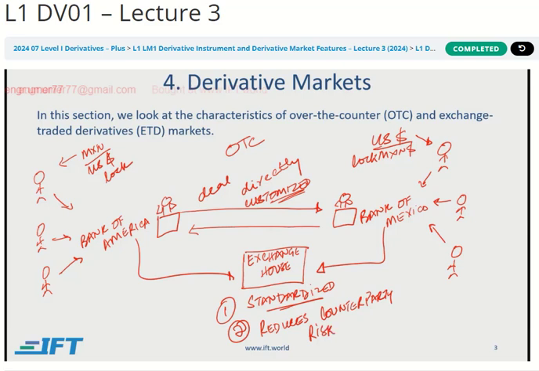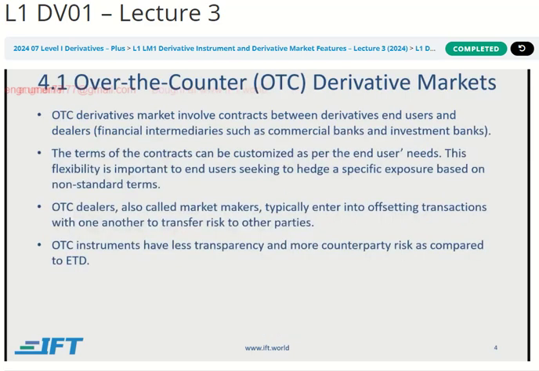Here the counterparty risk is high, because what if the Bank of Mexico defaults or the Bank of America defaults? So counterparty risk is high because there's nobody in the middle. So this is basically your over the counter versus your exchange.